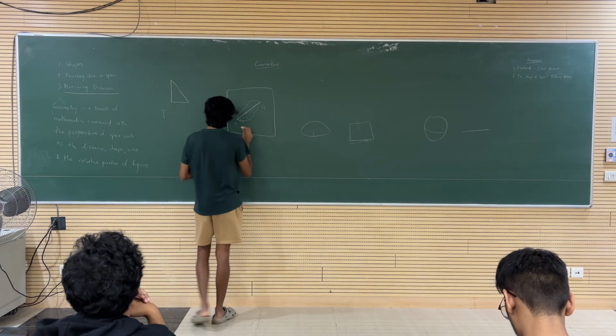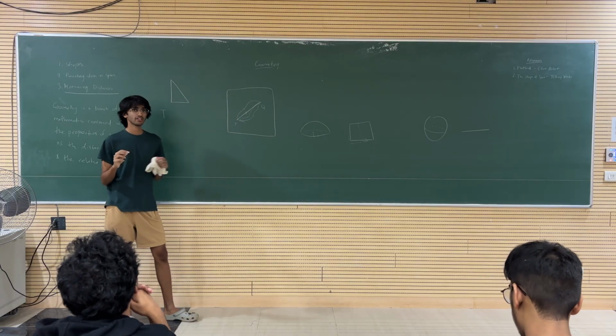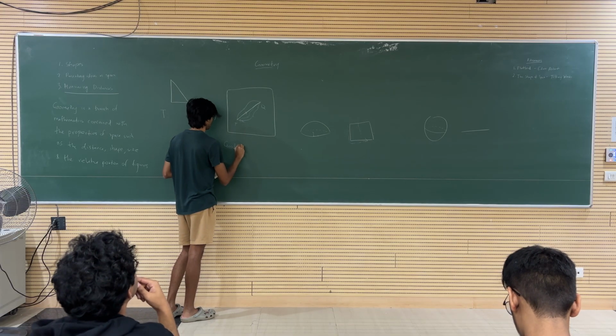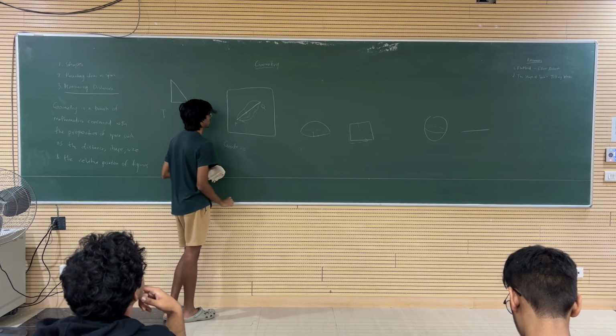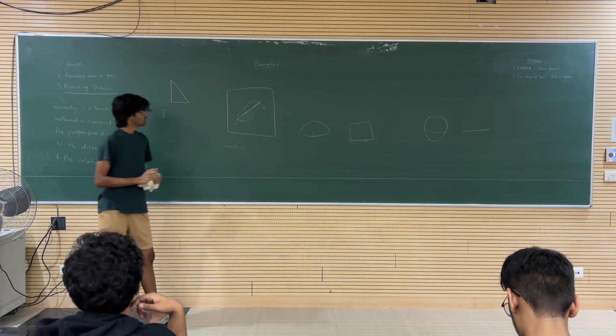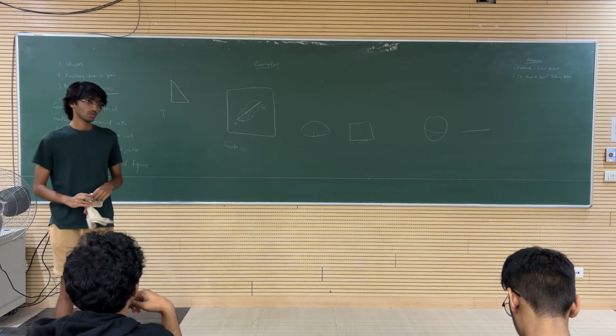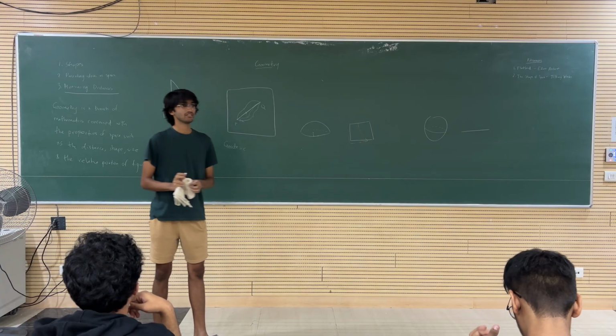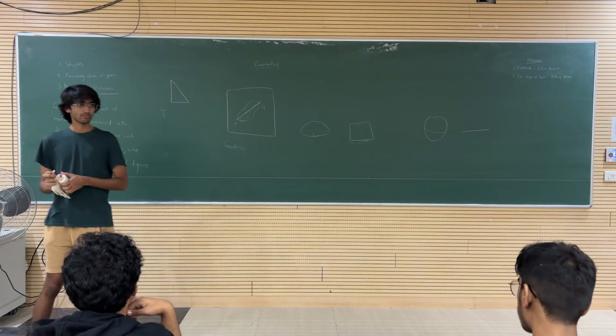And this shortest path is something called a geodesic. Now, the study of these shortest paths themselves can tell us a lot about the manifold.